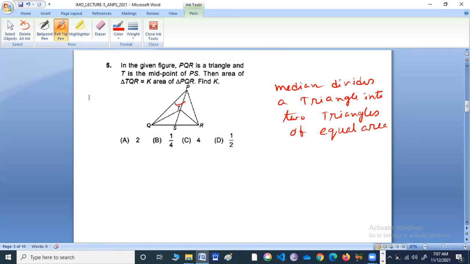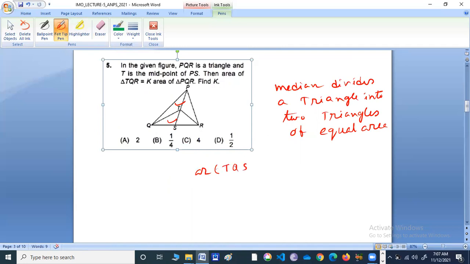So the area of this and the area of this is the same. That means area of TQS will be half of area of triangle PQS, right?